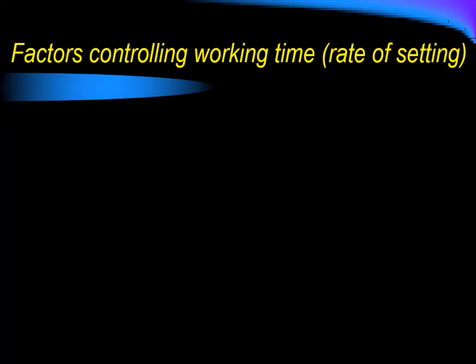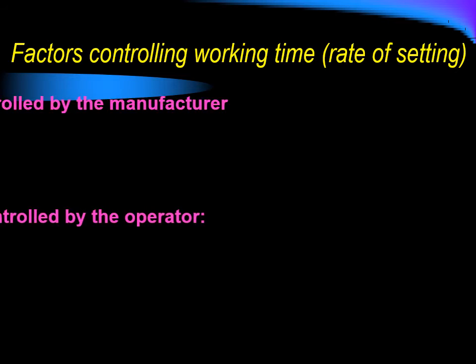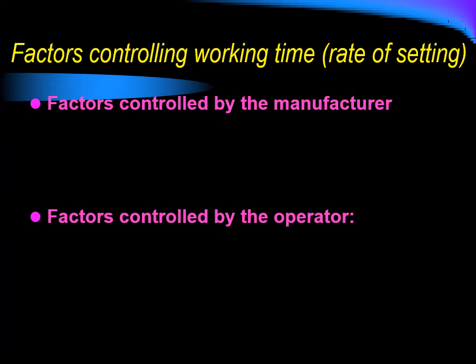The working time of zinc phosphate cement is controlled by controlling the rate of the setting reaction between the powder and the liquid, and this is done either by the manufacturer or the operator or both. The manufacturer controls the setting reaction by controlling the degree of calcination.